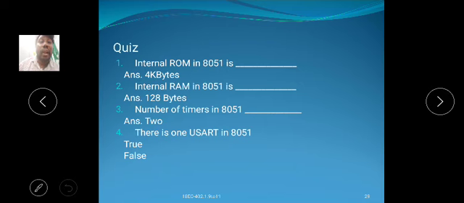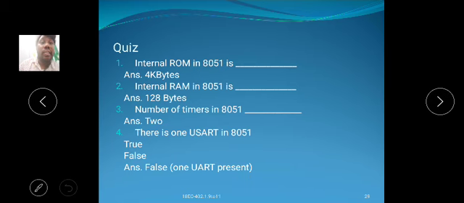There is one universal asynchronous receiver and transmitter in the 8051. Only one.